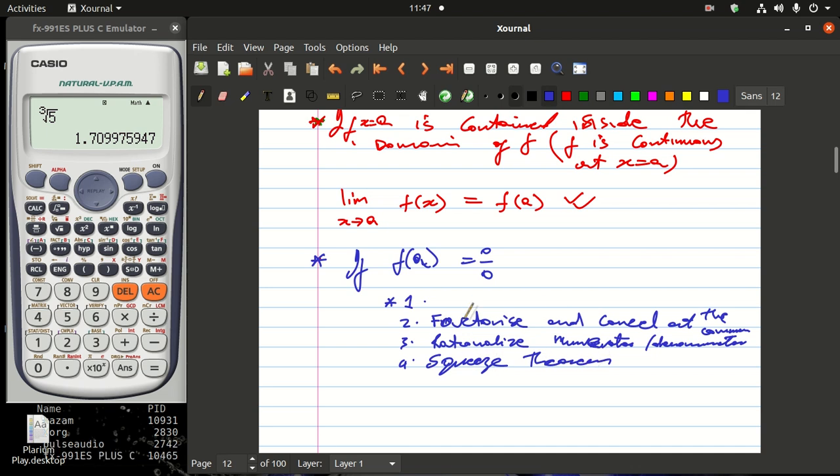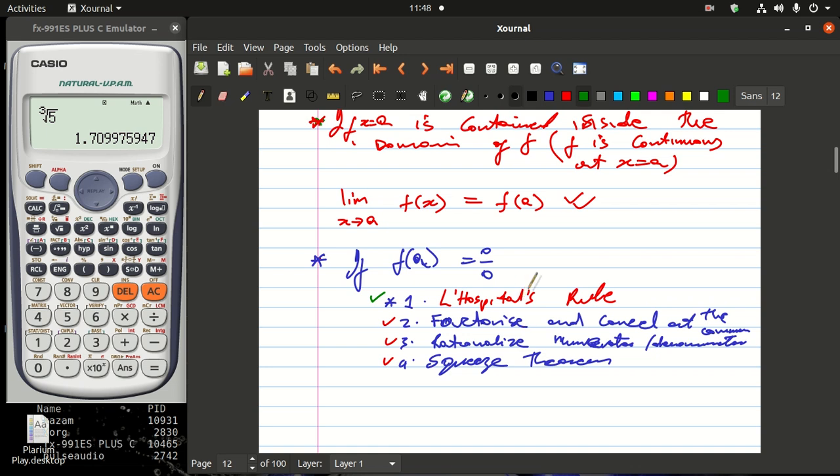Now we have done all these three, but once you have studied L'Hopital's rule, this is actually the way to go. You usually start with L'Hopital's rule, because if this one can be done, L'Hopital's rule can solve it.